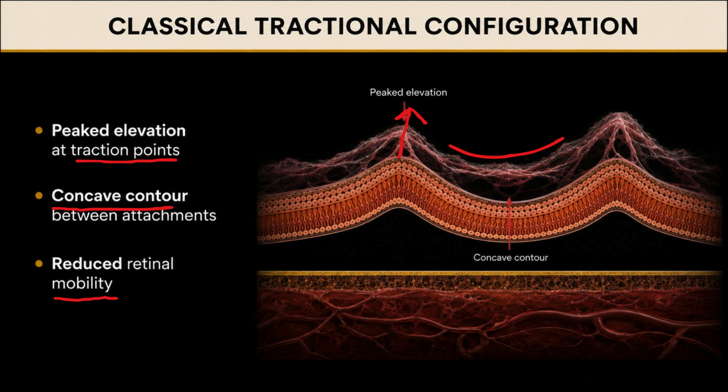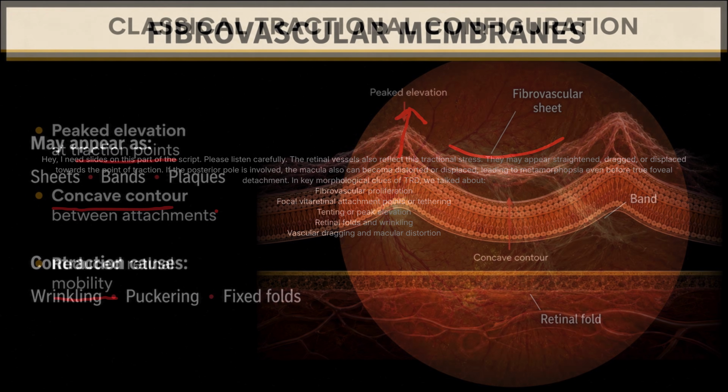You will see tethering at the focal points, tented or peaked elevations, and a relatively concave configuration between the attachments. Also, there will be reduced mobility compared with the rhegmatogenous detachment. A useful way to think about this is that the retina is being held down and pulled up at different points rather than simply floating on the subretinal fluid.